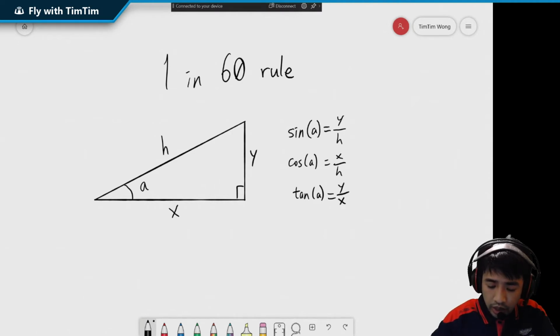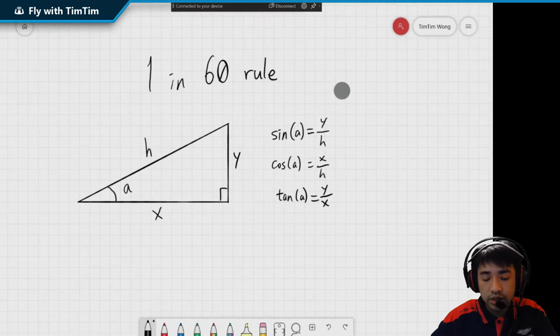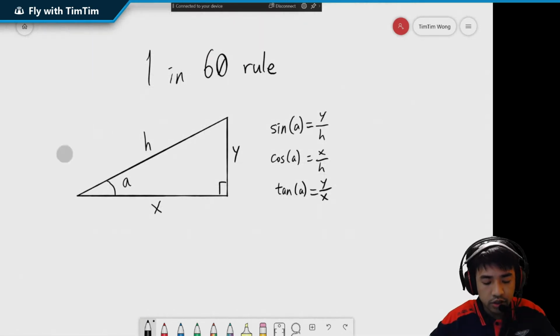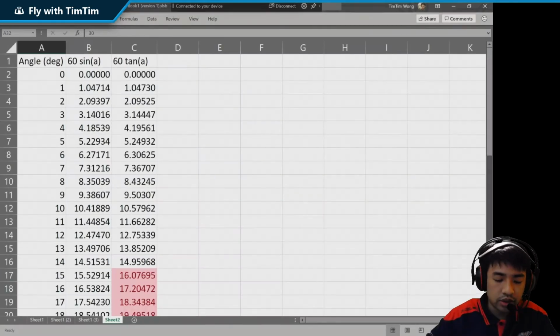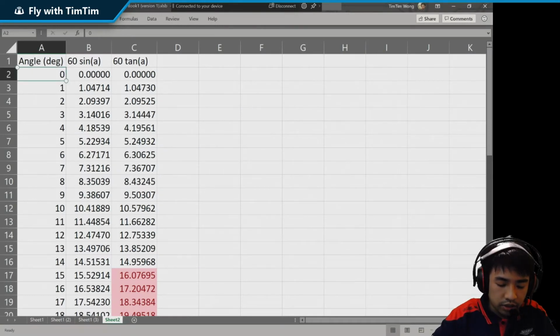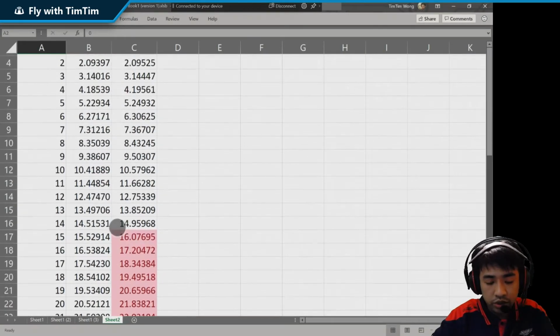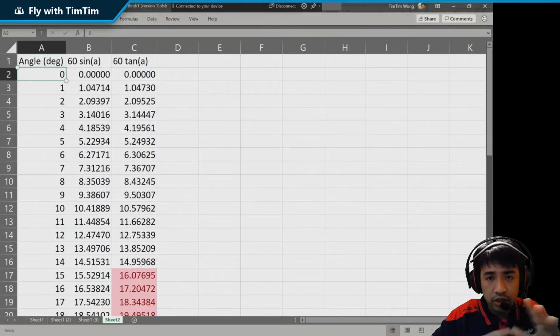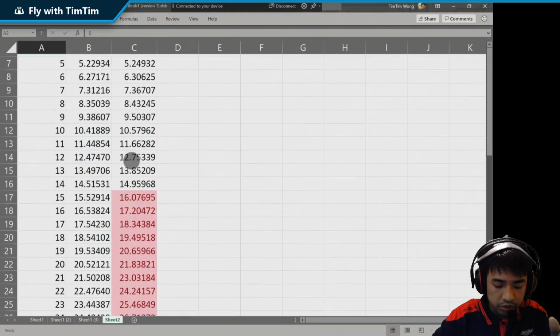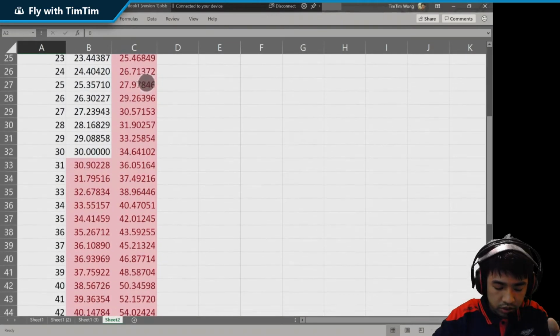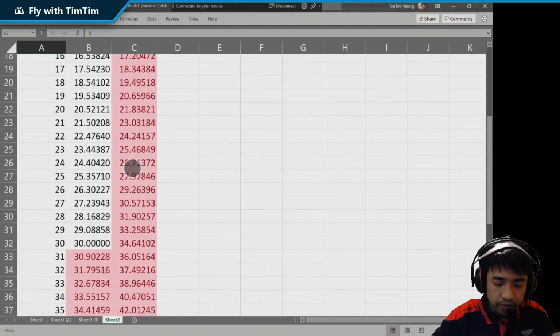So what's special about these? Nothing. Until we look at the table here. I've put down some integers representing the angle in degrees from 0 to some numbers greater than 30.